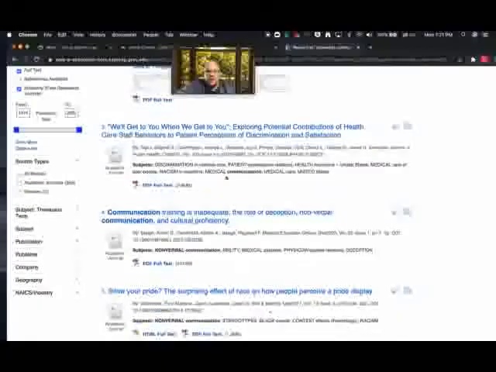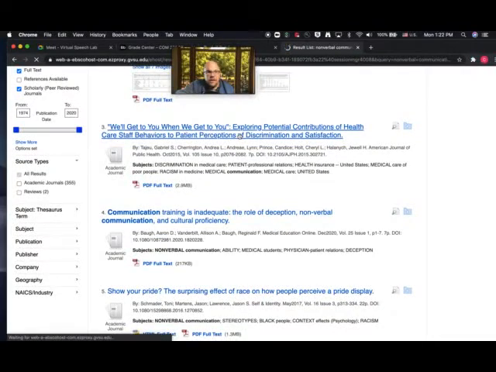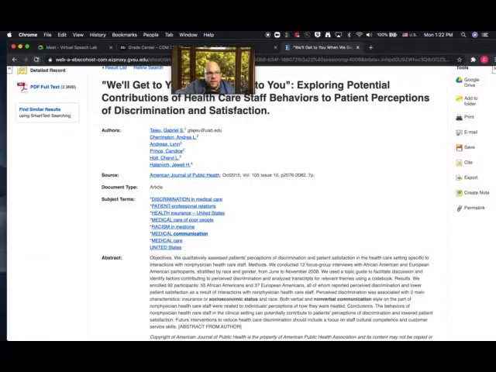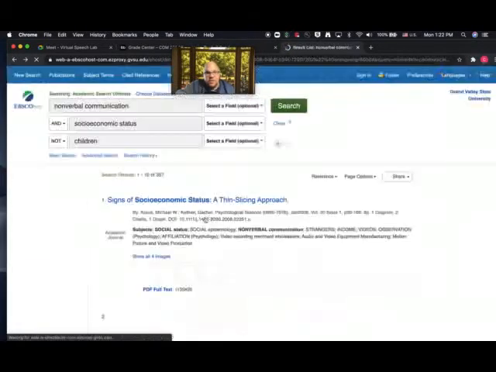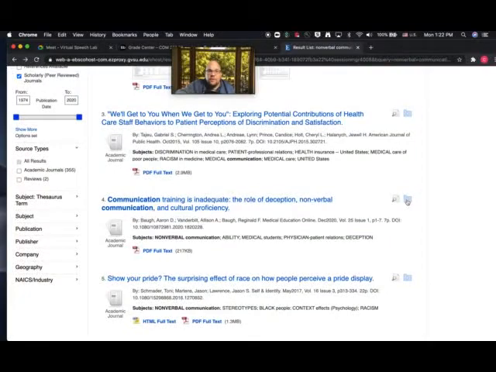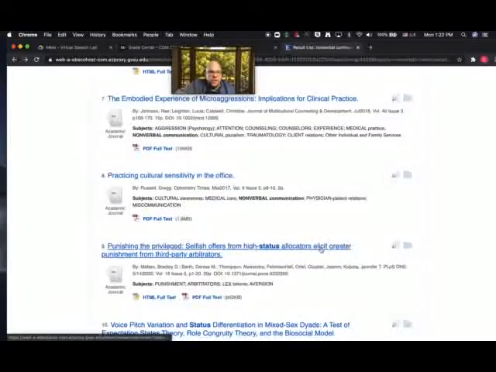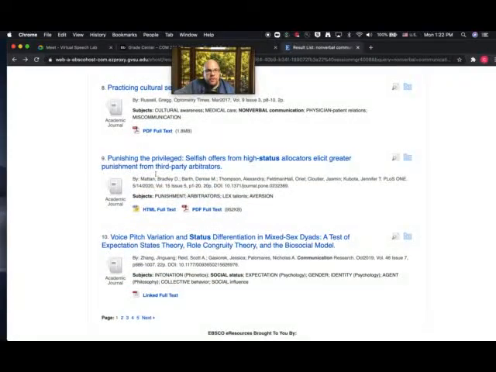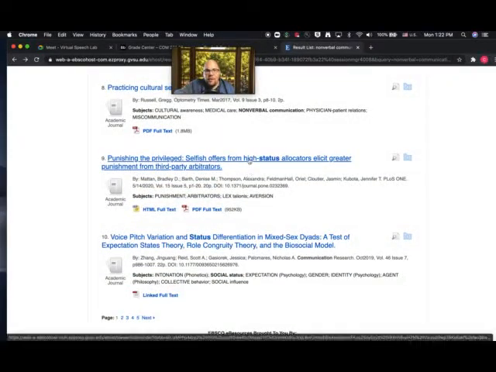You don't have to go and look at it here and click on it and wait for it and then go back and it's going to push you to the start. Just throw them in a folder. And then once you go through those, you can do it pretty quickly, right? Like, oh, that one probably won't be applicable. That might be high status allocators to elicit greater punishment. I don't know what that means, but it might work. Let's try it later.